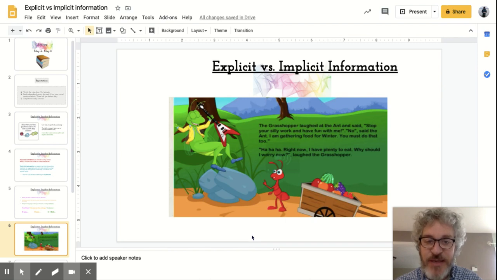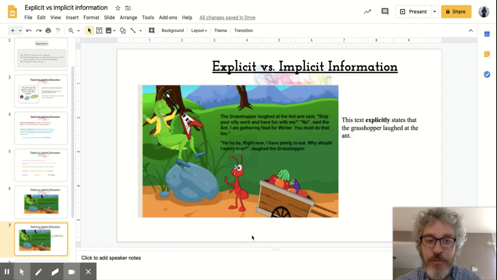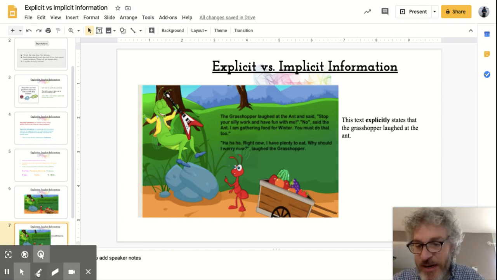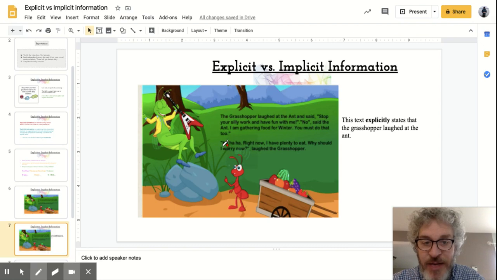Okay, now we're going to take a deeper look at what is explicit and implicit in this little piece of text here. The text explicitly states that the grasshopper laughed at the ant. It is right here. I can underline that fact right here. "Ha ha ha," he said.